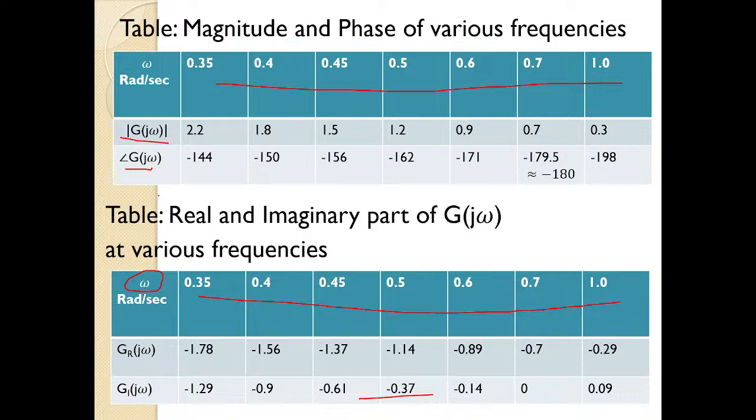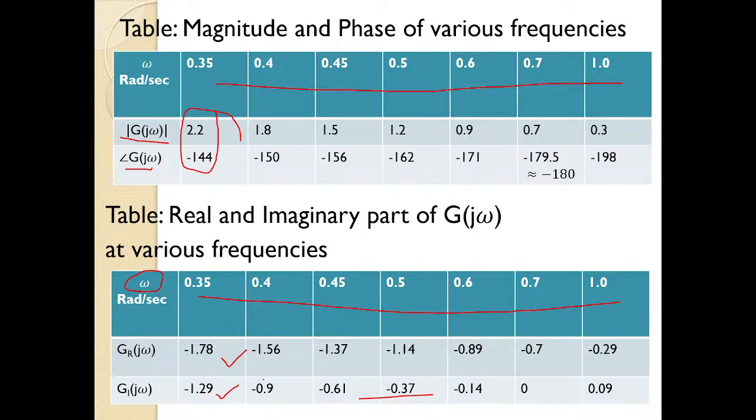Simply select REC on your calculator, type 2.2 comma minus 144, close the bracket and press enter. You will get the rectangular form values minus 1.78 and minus 1.29 for this magnitude and phase angle.